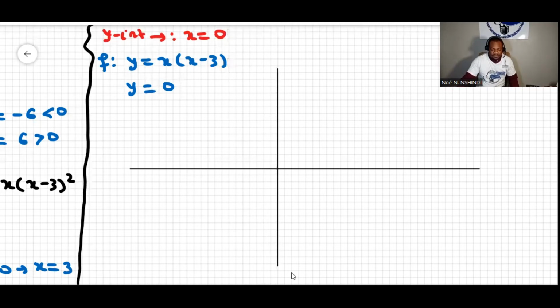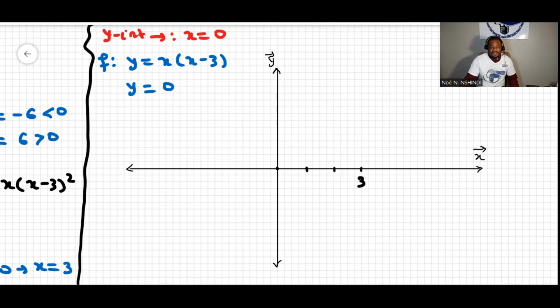We have y, x. Now, it went through the origin. This is the y-intercept, and then the x-intercept, the 0, and the x-intercept is also there, and then 3. Let's say this is 1, this is 2, and this will be 3.